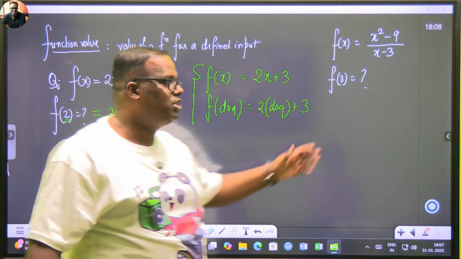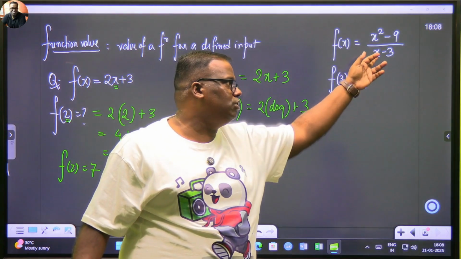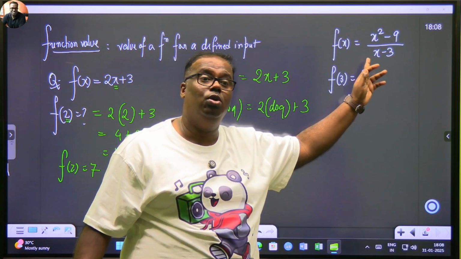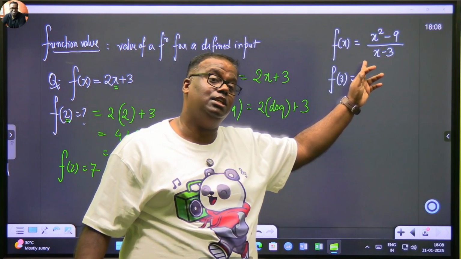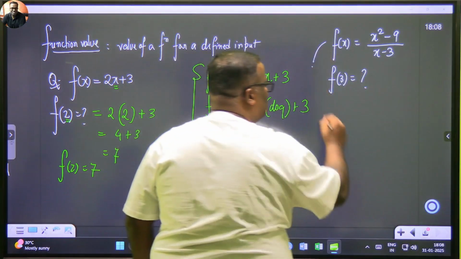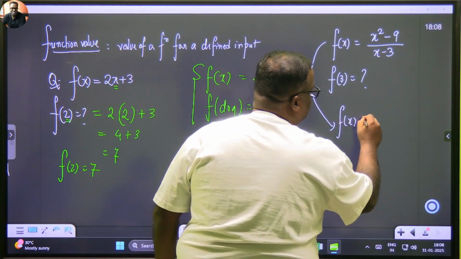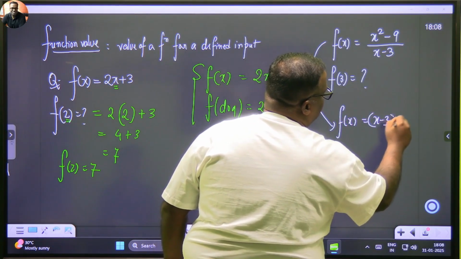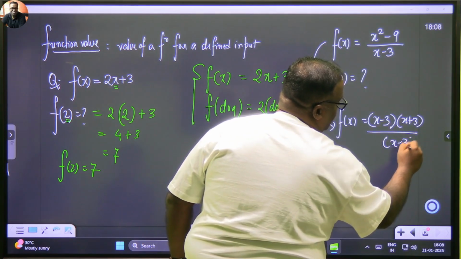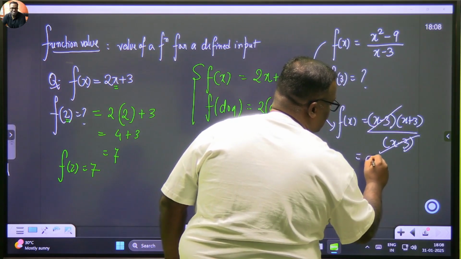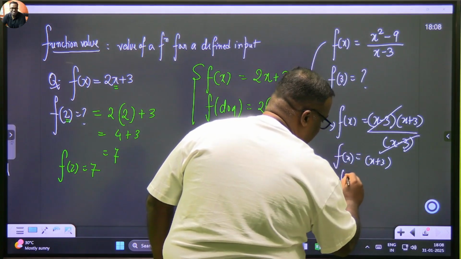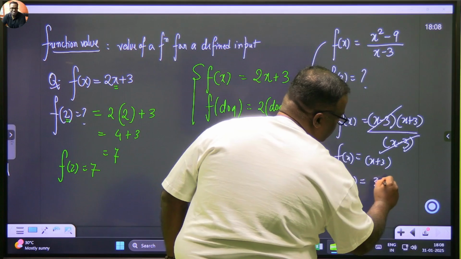You will straight away say, sir, f of 3 is not defined because if I put 3 out here, 3 minus 3 becomes 0. No. Buy, beg, borrow, steal and see whether the function can still have a value. What you are not trying to see here is that f of x can still be written as x minus 3 times x plus 3, over x minus 3. X minus 3 cancels. It becomes x plus 3. This type of teasing they may do with you. Now, definitely, I do have a value of f of 3, which is equal to 3 plus 3 equal to 6.